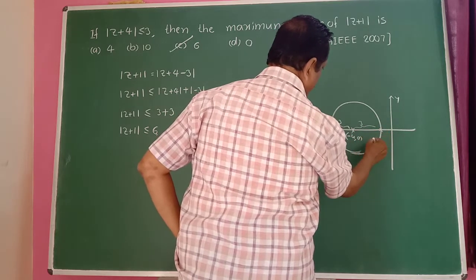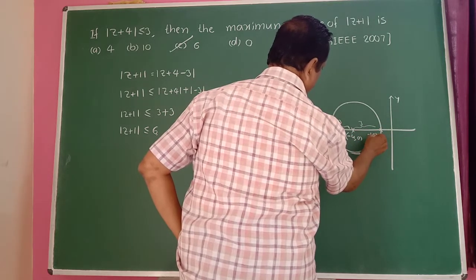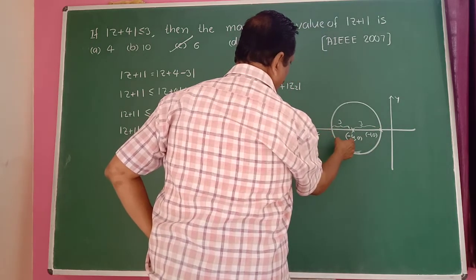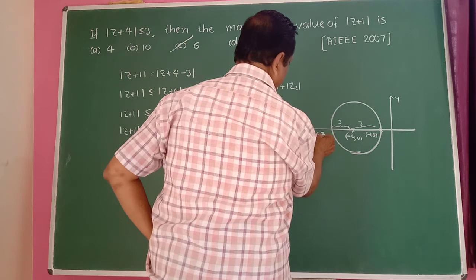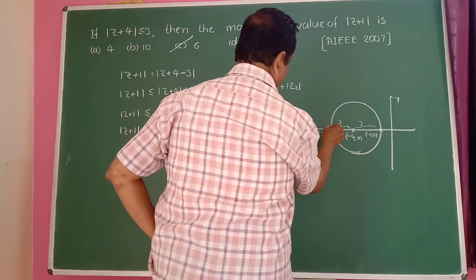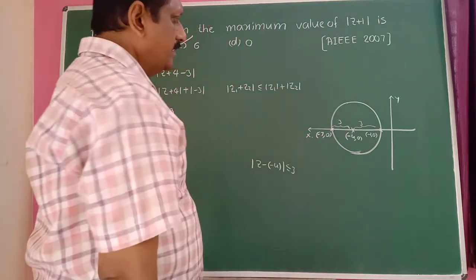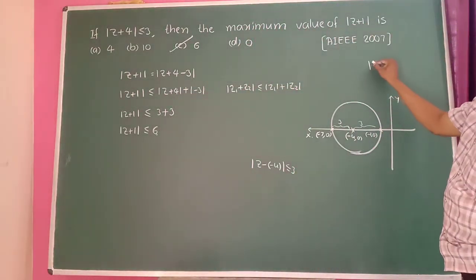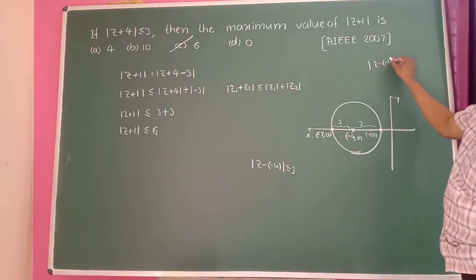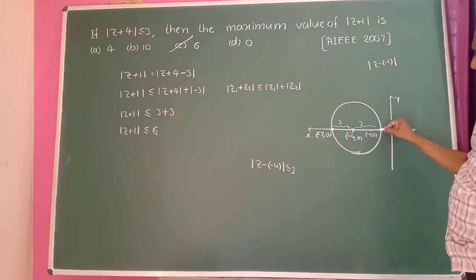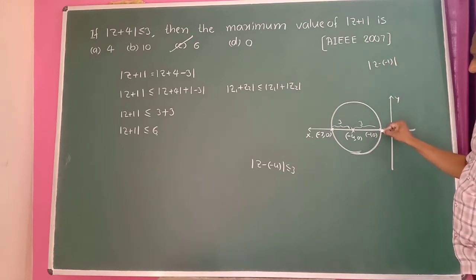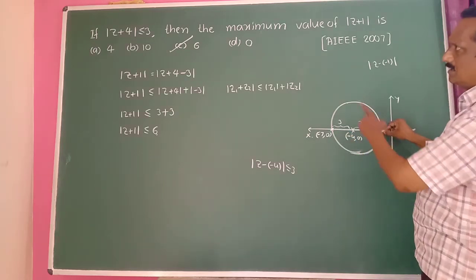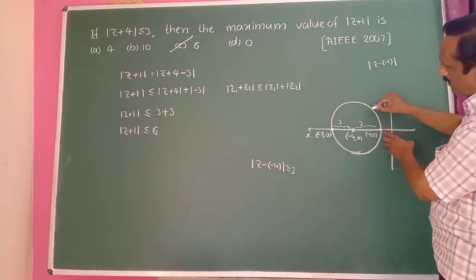Then this coordinate is minus 1 comma 0, and this coordinate is minus 4 minus 3, which gives minus 7, so minus 7 comma 0. Modulus of z plus 1 means z minus minus 1, so this point is minus 1, 0. Maximum value means this total distance. Z is a point that lies on the circle.